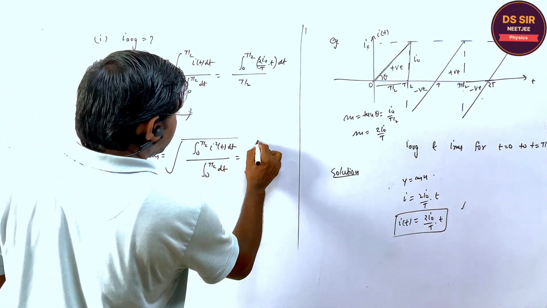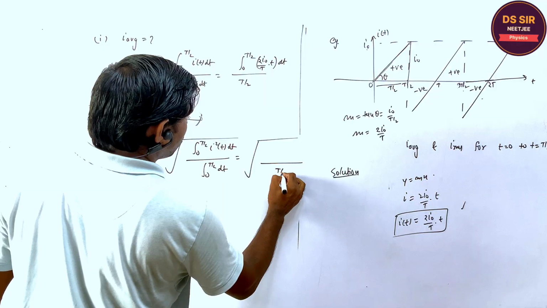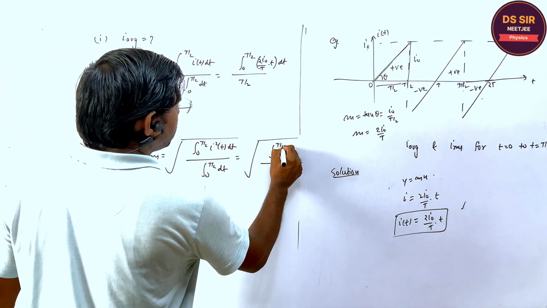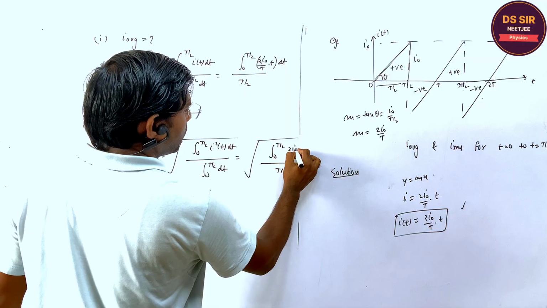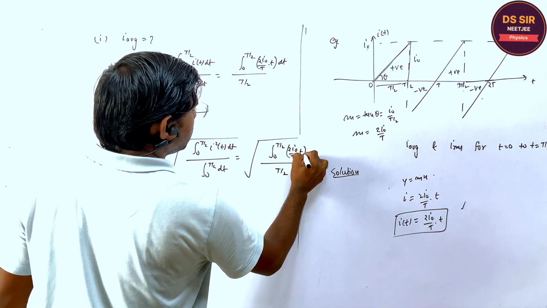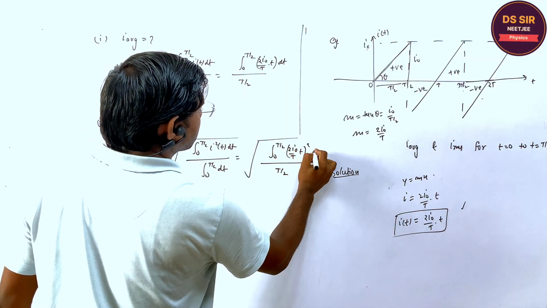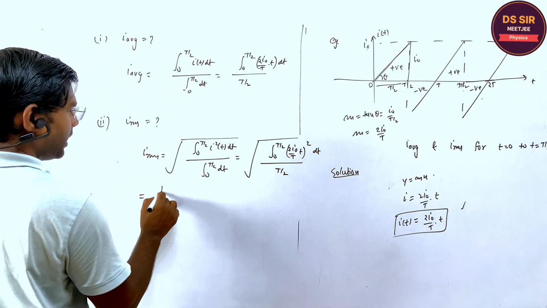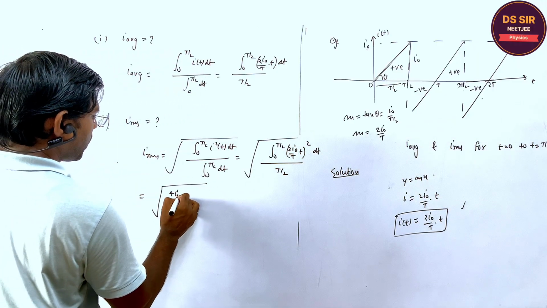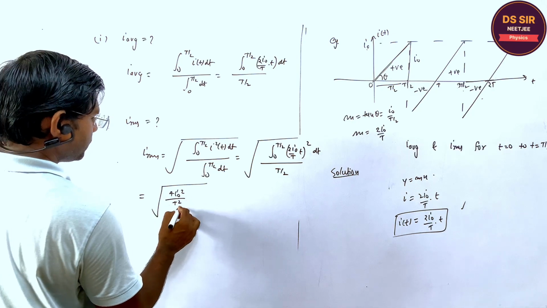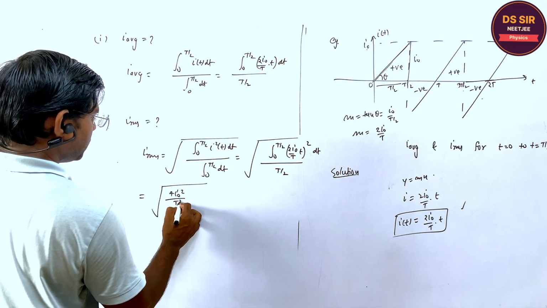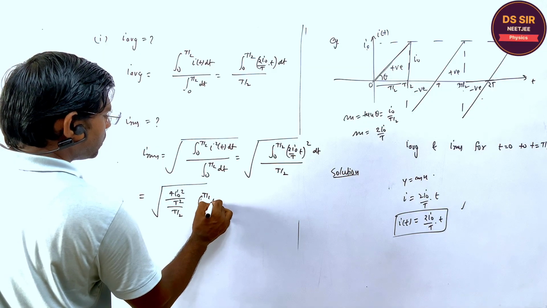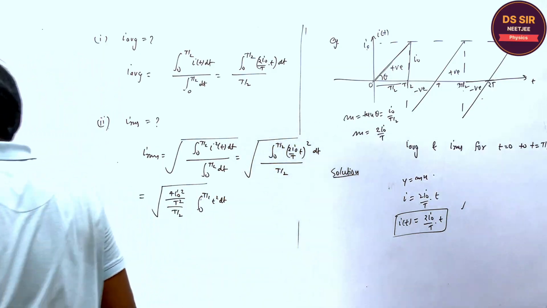So here the square root, the integration is from 0 to T/2 of (2I naught by T times small t) whole square dt. Is it clear? So the IRMS is equal to 4I naught squared upon T squared, right? This is T/2, and integral from 0 to T/2 of t squared dt. All right.